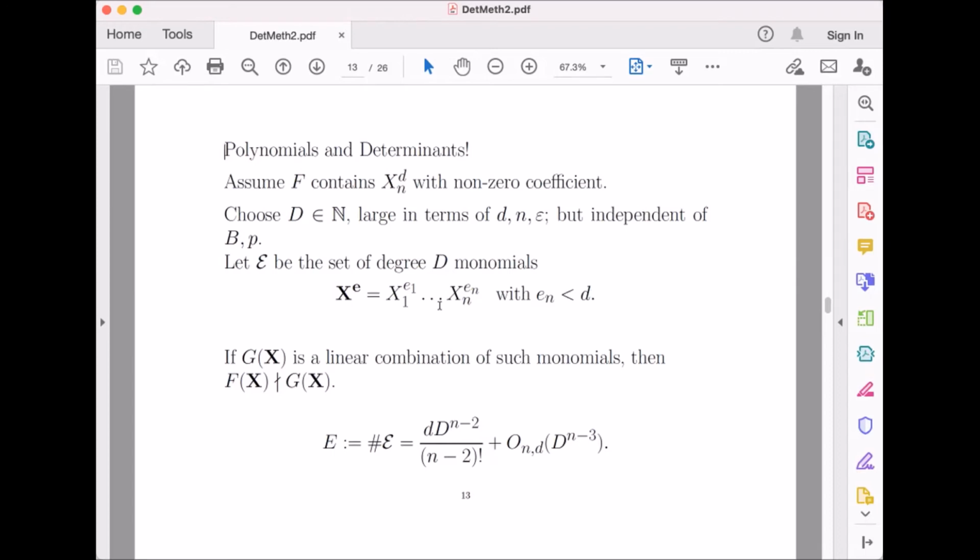The reason we're doing that is that if G of x is constructed as a linear combination of these monomials, then it won't have a term divisible by x_n to the d. And so it's impossible for F(x) to divide G(x). So this constraint, along with this assumption, is a rather cat-handed way of ensuring that F(x) does not divide G(x). And indeed, the f_j that we produce will be linear combinations of these monomials.